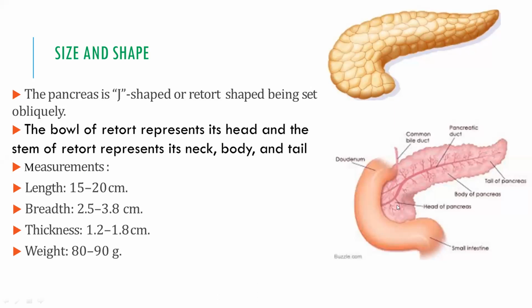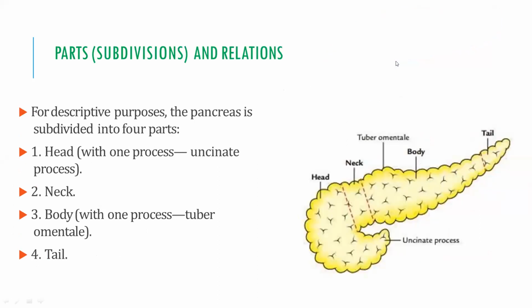The length of pancreas is 15 to 20 centimeters, breadth is 2.5 to 3.8 centimeters, thickness is 1.2 to 1.8 centimeters, and it weighs about 80 to 90 grams. So that is regarding the size and shape of pancreas.